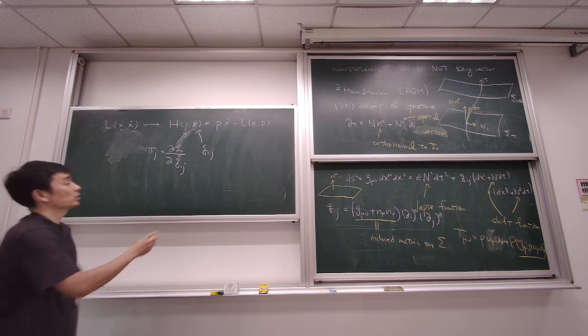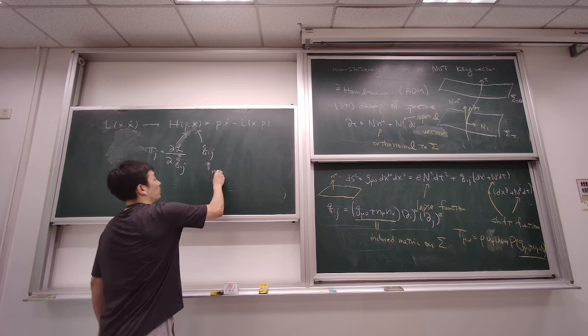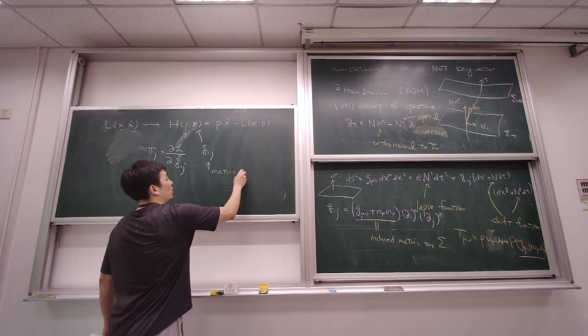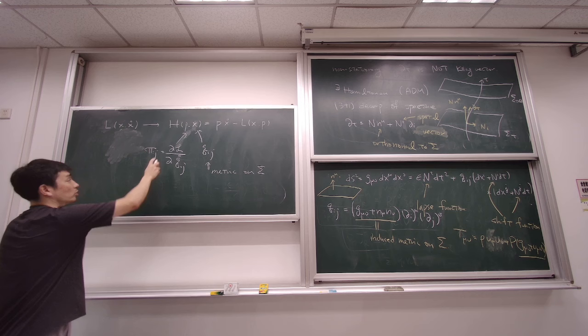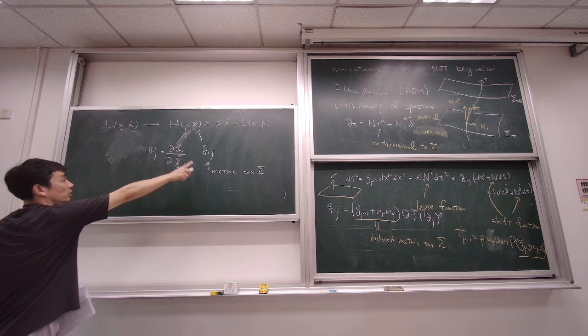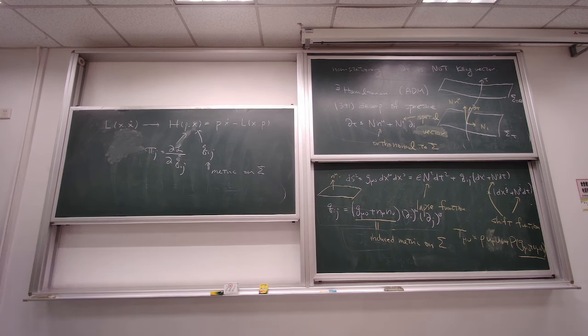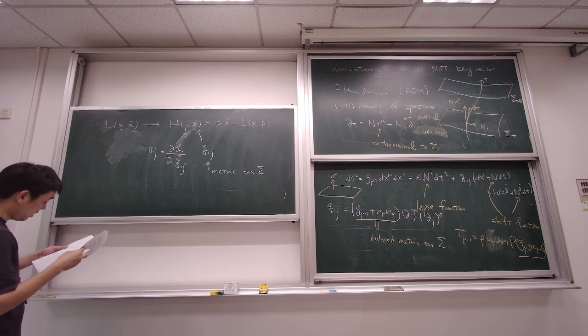So this is the metric on sigma, and here is the conjugate variable. To do that, we have to write down the Lagrangian in terms of Qij and its time derivative.